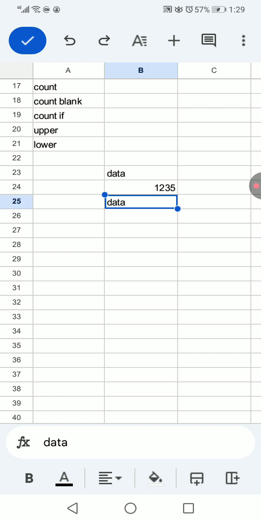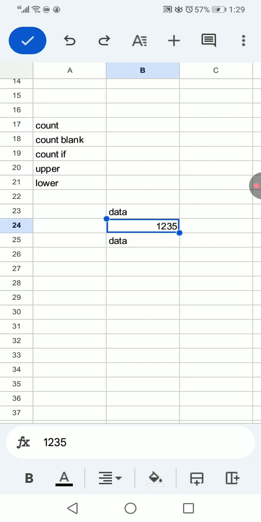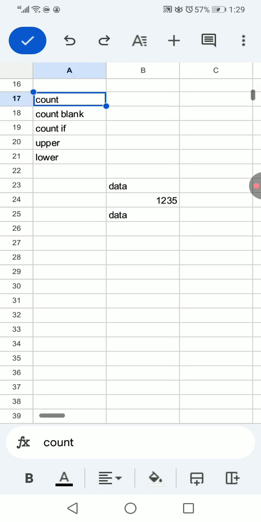So you need to know how many cells contain numerical data. For that purpose you will use count. Once again, these are 2 different types of data: numerical data and alphabetical data, and you want to know how many cells contain numerical data.